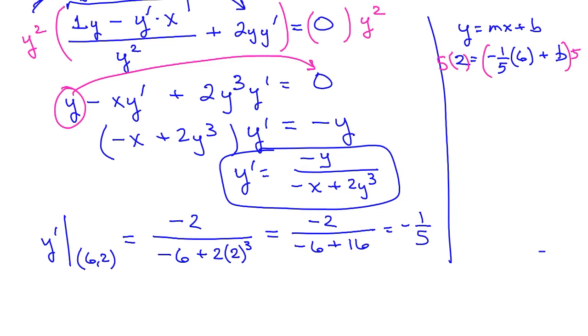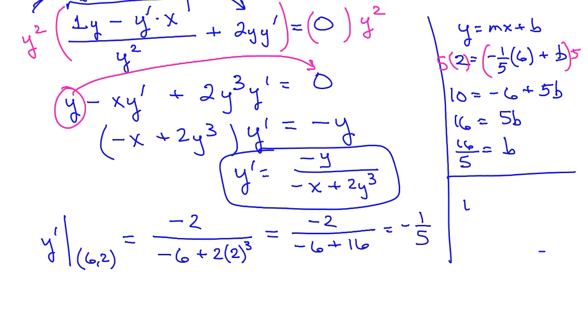So it's going to be 10 is equal to negative 6 plus 5b. So that's 16 is equal to 5b. So b is equal to 16 over 5. So the equation is y equals negative 1/5 x plus 16 over 5.